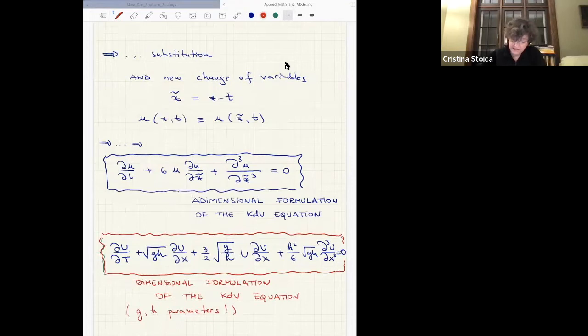Whereas it's clear that in the adimensional formulation of the KdV equation, there are no more parameters actually. Magically, they disappeared, just because the evolution of this equation is independent of the parameters, right?